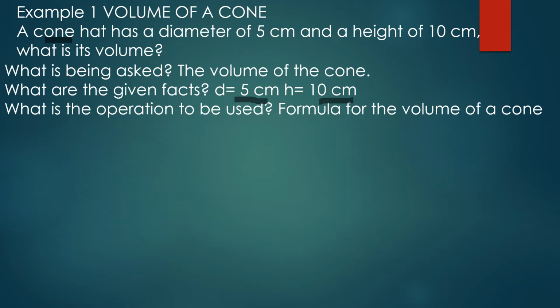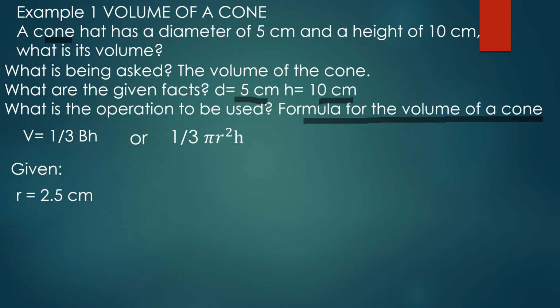Since we are looking for the volume of the cone, we are going to use the formula of a cone. So, formula ng cone is 1/3 base times height or 1/3 pi r square times the height. So, i-carry natin yung formula na to. So, given natin ang radius 2.5. Bakit naging 2.5? Saan galing ang 2.5?